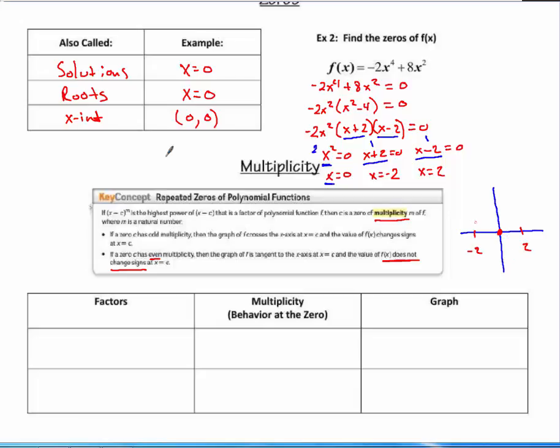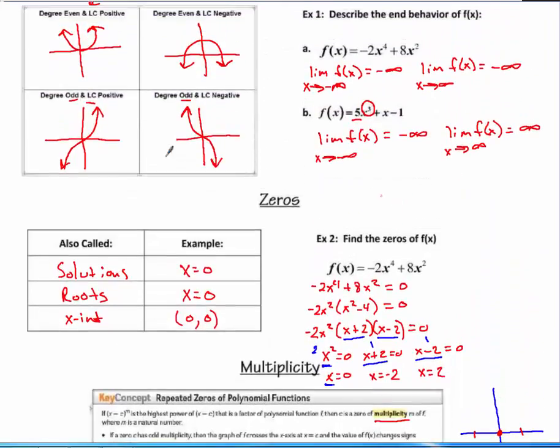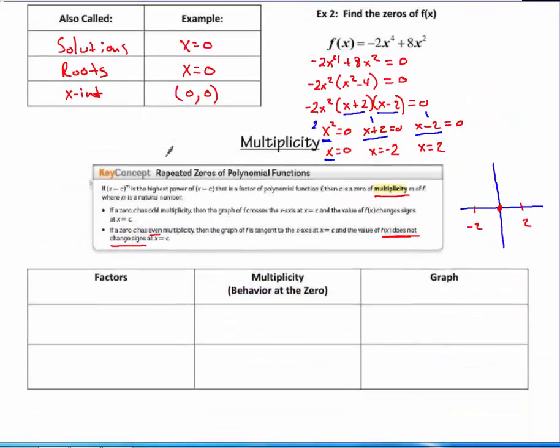Okay, and remember, let's look back up. We have a negative leading coefficient and an even degree. So leading coefficient's negative, even degree, it's going to start down, and it's going to stay down. So that means we start down, and we go through this.